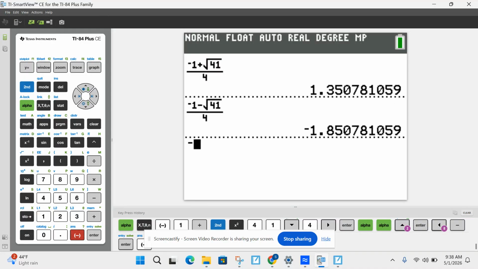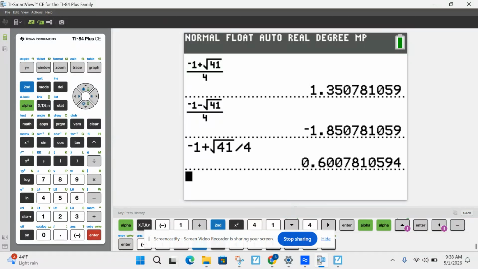Do not do this. Negative 1 plus the square root of 41 divided by 4. Because all that's doing, order of operations, it divides the square root of 41 by 4, and then it does the minus 1. Okay? You need to do the numerator first and then the denominator, so you have to put parentheses around it, or just use your fraction button if you have one.